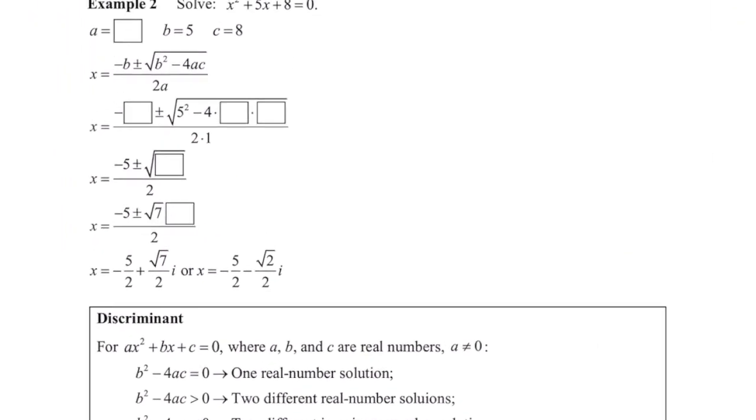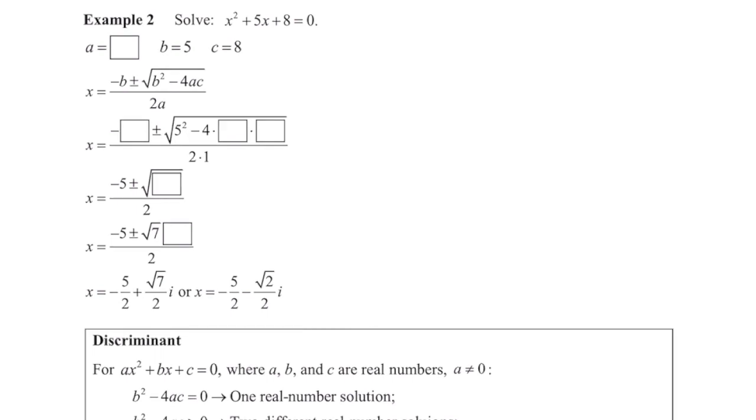Let's try another one. Here we have x squared plus 5x plus 8 equals 0. Our a value is 1, our b value is 5, and our c value is 8. Plugging into our formula, x is equal to the opposite of b, so the opposite of 5, negative 5, plus or minus the square root of b squared, which is 5 squared, minus 4 times our a value of 1 times our c value of 8.